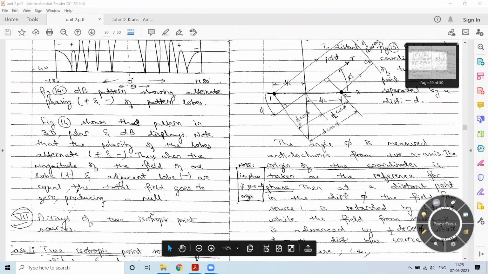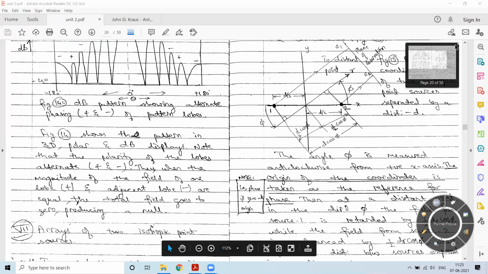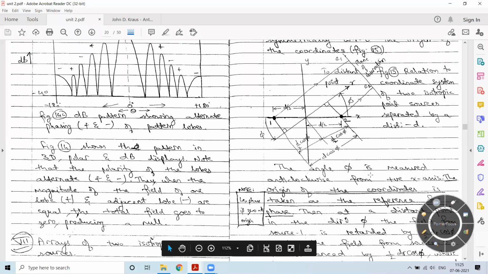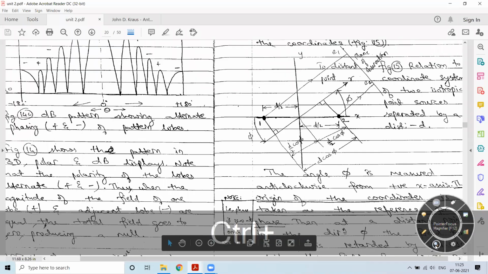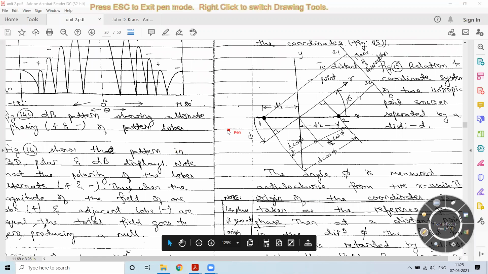So in this case, we have to consider two isotropic point sources.